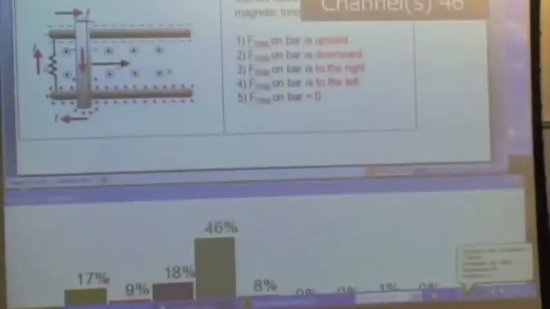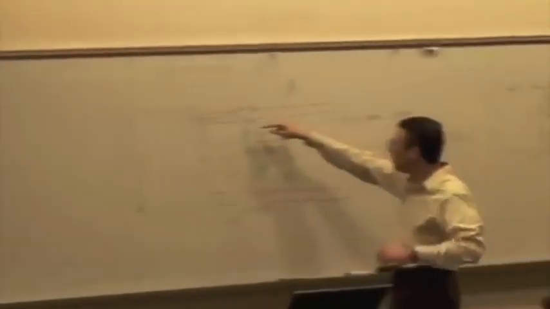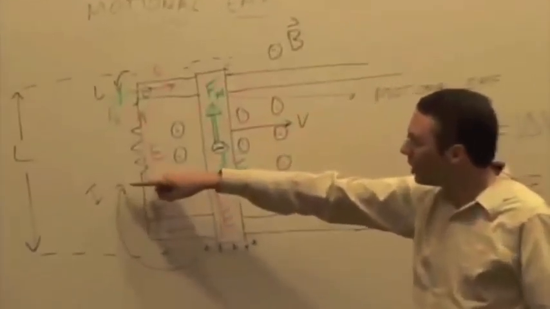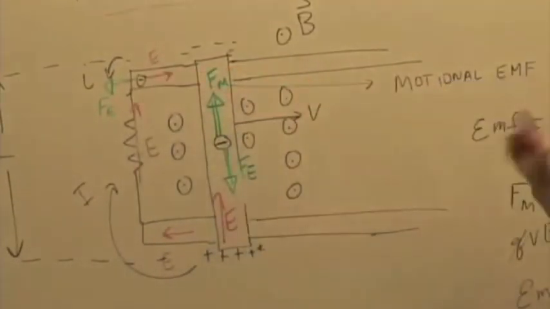Okay, this is always a question that causes some problems, although actually a little less than a majority of us are saying that there's got to be a force to the left, because that is the force that's essentially due to the current. We've already established that there is a current, conventional current flowing clockwise.